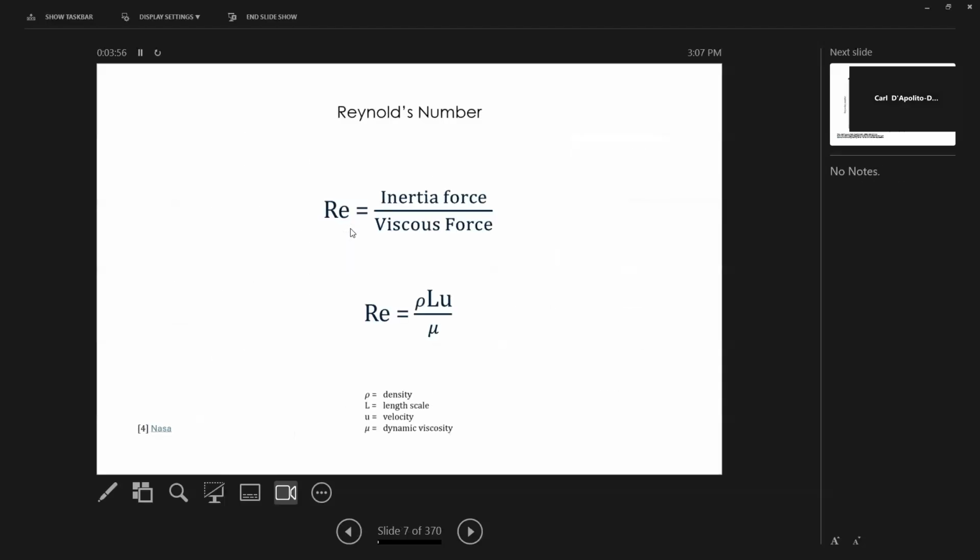And we talk about Reynolds number, which is the number that describes the characteristics of flow. So that has to do with basically how big something is and how fast it's going. U is how fast it's going. I always use U. And the L length scale is just the length of the phenomena that you're measuring. And then mu is the viscosity, the dynamic viscosity.